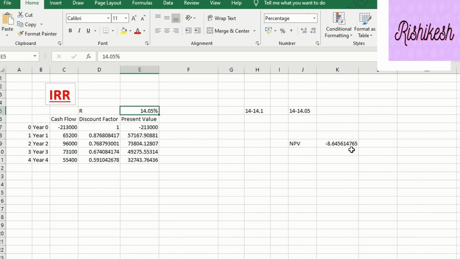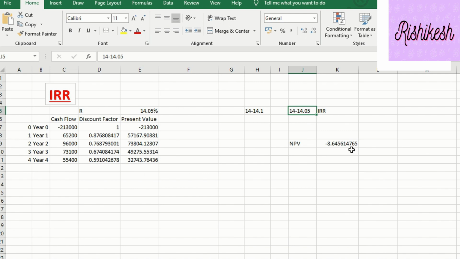If I make it 14.02, it gets positive. 14.03, it gets 76. 14.05 was -8. So it's somewhere between 14 to 14.05, and we can call this our IRR, right?